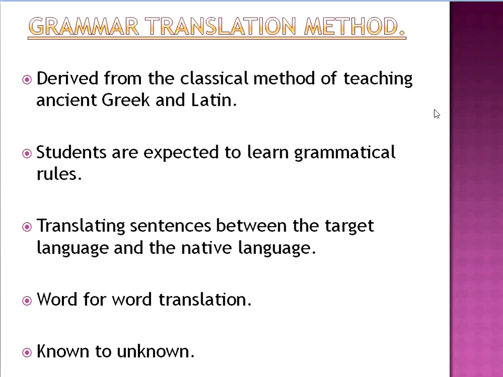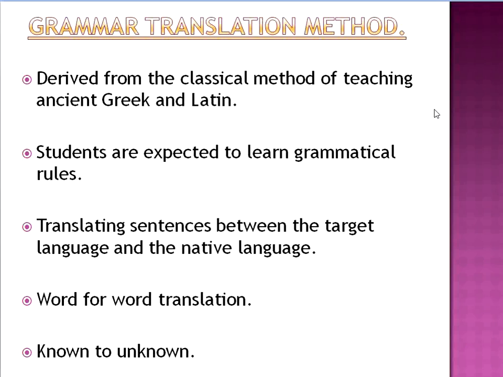Derived from the classical method of teaching ancient Greek and Latin. So what does this point say? We can say the grammar translation method is derived from a classical method of teaching ancient Greek and Latin. In ancient times, the teachers used to adopt a particular method to teach their students or disciples the Greek and Latin languages.